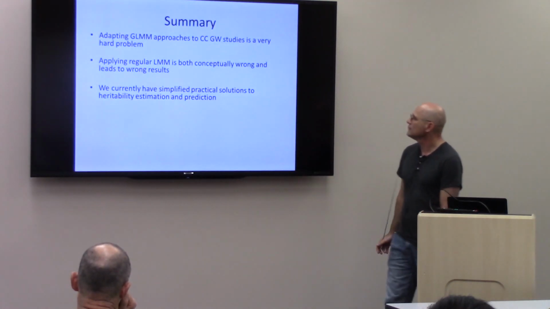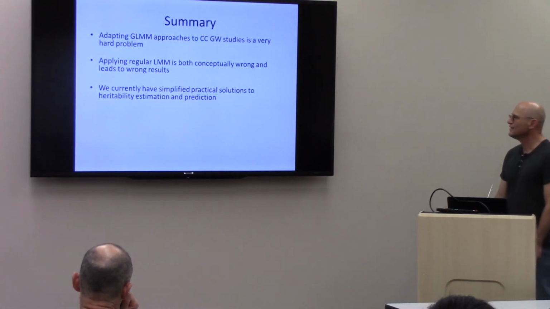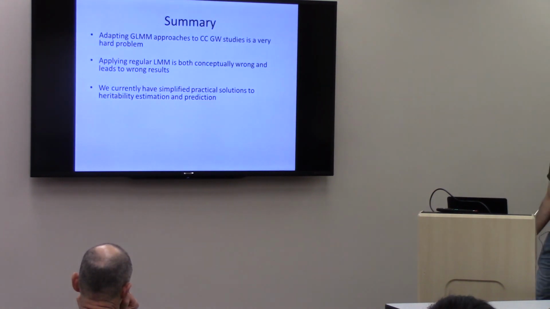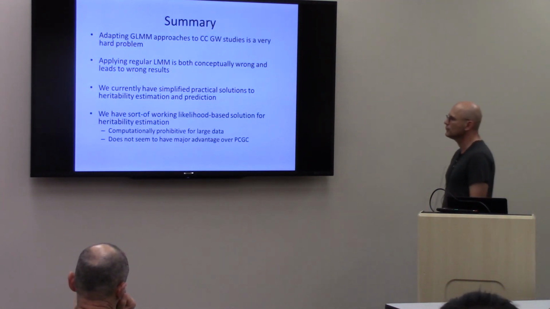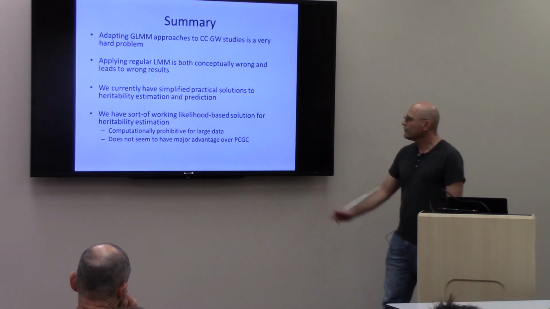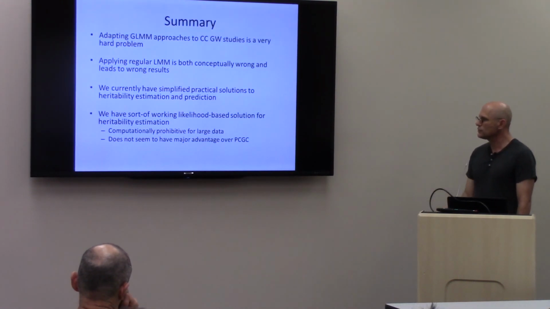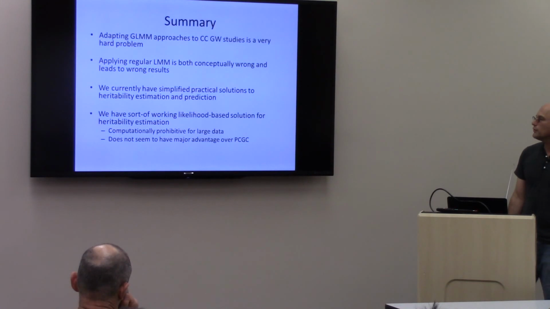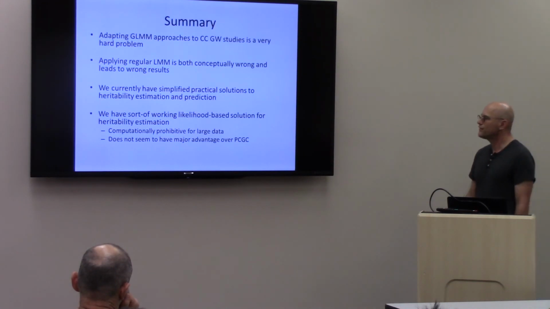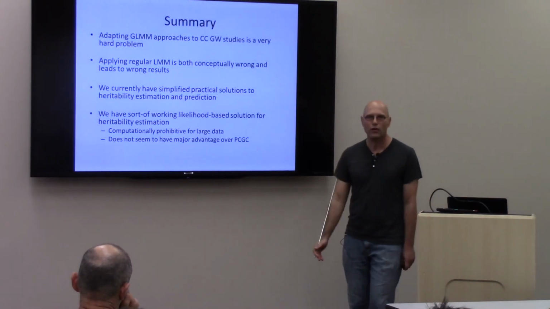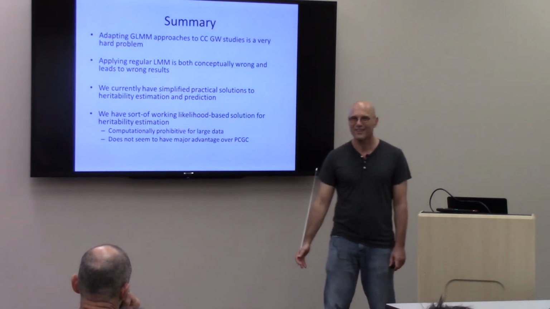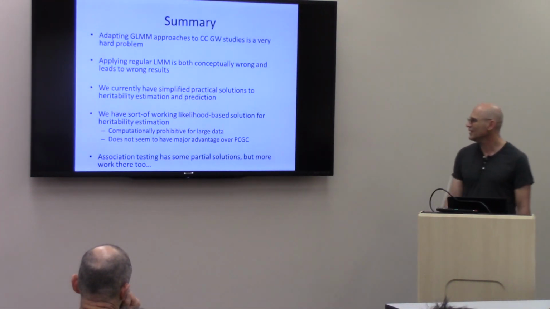We have some practical solutions, debatable, but at least we can say exactly what they do for heritability estimation and prediction. And we've made progress on likelihood-based solutions. This is the last part I talked about, but it's still far from being applicable for large data, and it may never be applicable for really large data.